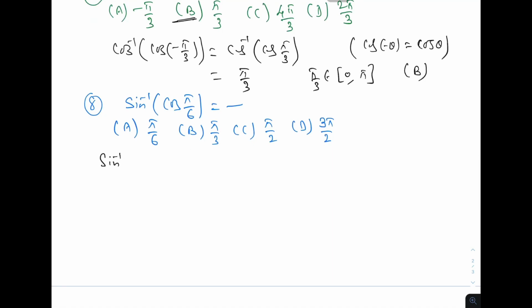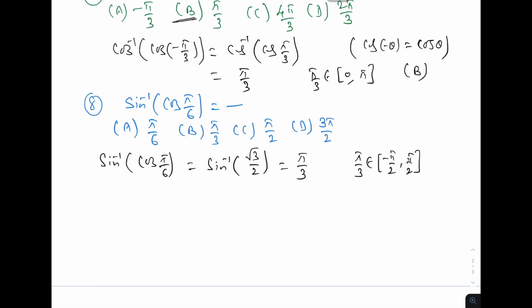Sine inverse cosine pi by 6. These are standard values. Now cosine pi by 6 is root 3 by 2. And what is sine inverse root 3 by 2? The value of theta for which sine is root 3 by 2, and that is nothing but pi by 3. There is no problem with pi by 3 belonging to the closed interval minus pi by 2 to pi by 2, the range of the sine inverse function. So the answer is pi by 3.